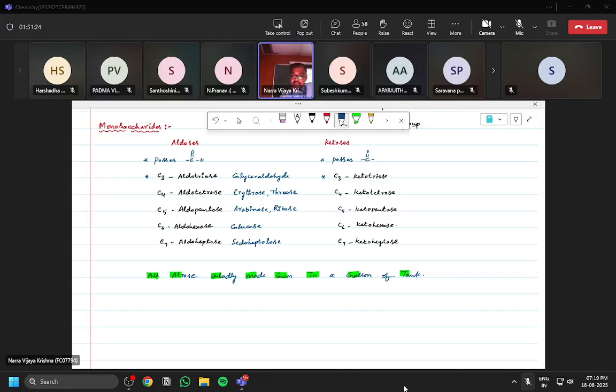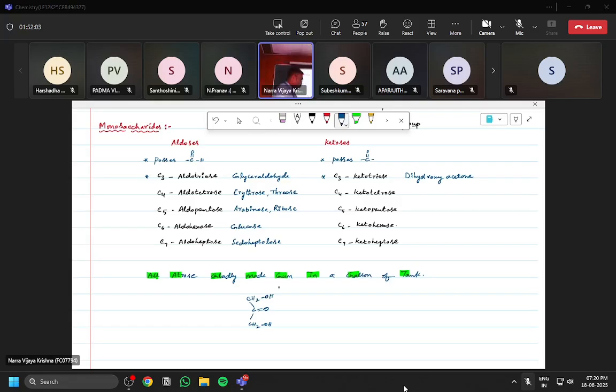Example: dihydroxyacetone. What is dihydroxyacetone? C double bond O, CH2OH, CH2OH. Is it a polyhydroxy compound or not? Having many OH groups or not? And a keto group, and a continuous carbon chain. So this is an example of a ketone possessing triose.